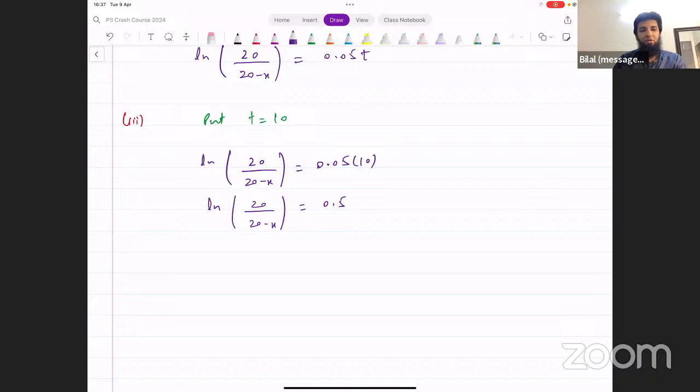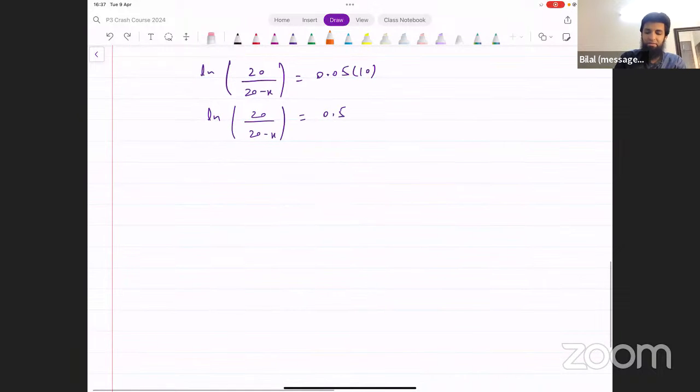You want to find the value of x now. How do you do that? Again, you need to use log concepts here. What's the base of ln? The base of ln is e. e will go to the other side, become the base of 0.5. So we could write this like this. We could say this is 20 over 20 minus x equal to e raised to the power 0.5.